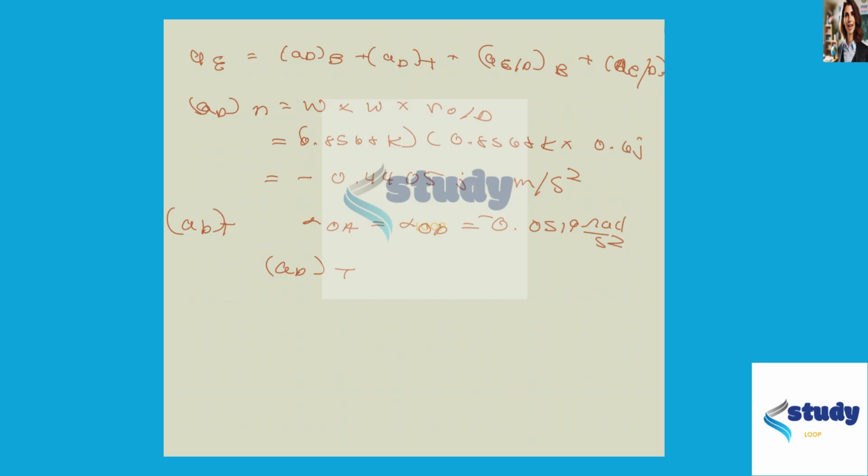So we're going to get ADT equal to this times ROD. This will be equal to 0.0519 K times 0.6J, and that will equal 0.03114 I meters per second squared.